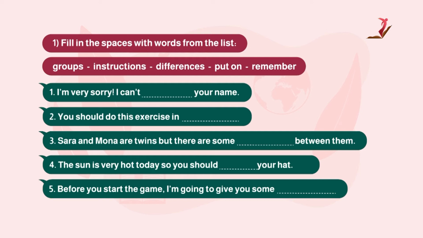I'm very sorry. I can't remember your name. Excellent. Number 2. You should do this exercise in groups. Number 3. Sarah and Mona are twins. But there are some differences between them.